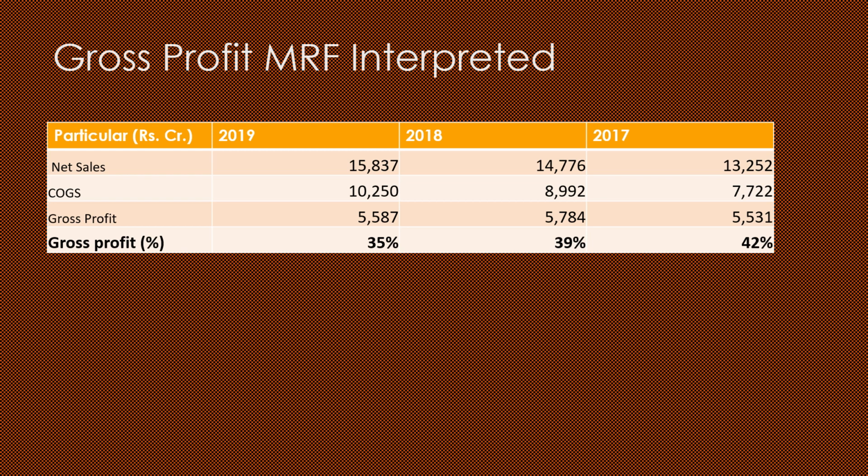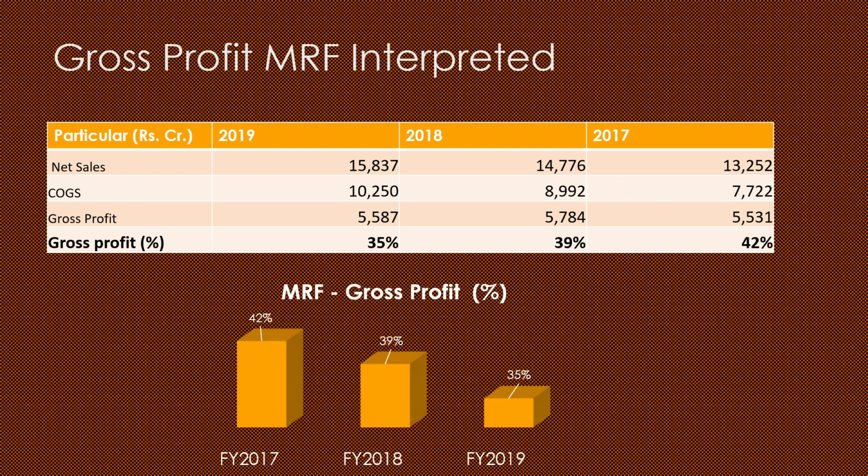Those who do not like numbers and are getting dissuaded by looking at this, let me tell you what I mean. I basically mean that the gross profit percent for MRF has come down in 3 years. In other words, cost of goods sold has increased as a percentage of sales. So if you look at it, in the first year, it was only 58%. That is 100 minus 42%. 100% is net sales and 42% is gross profit.